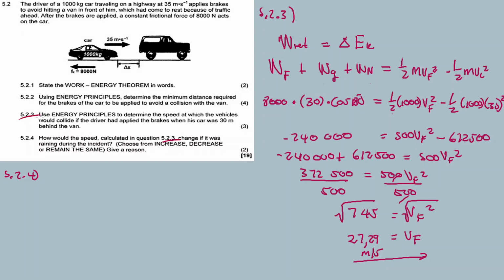So if they ask whether the speed here in 5.2.3, if it was raining during the incident, will increase, decrease, or remain the same, the speed will increase. It will increase because the road surface will have less friction, so the car will travel much faster.